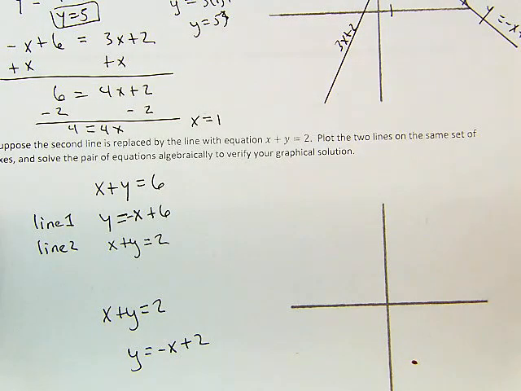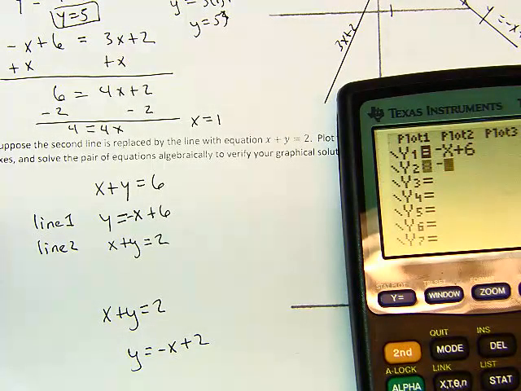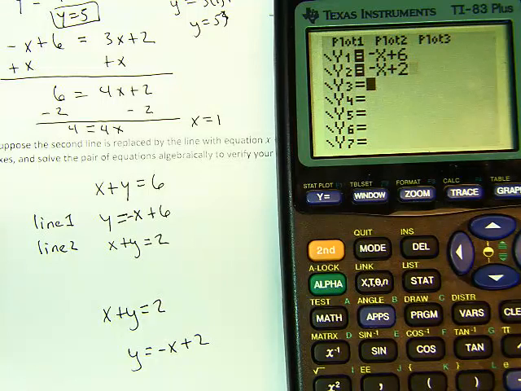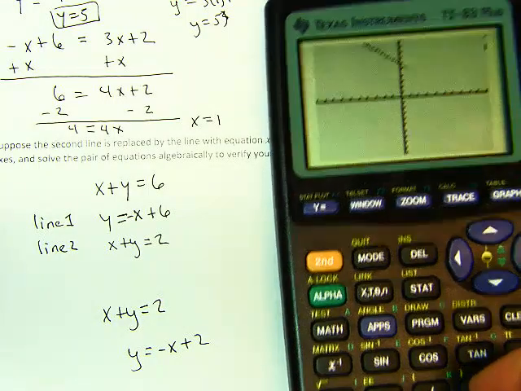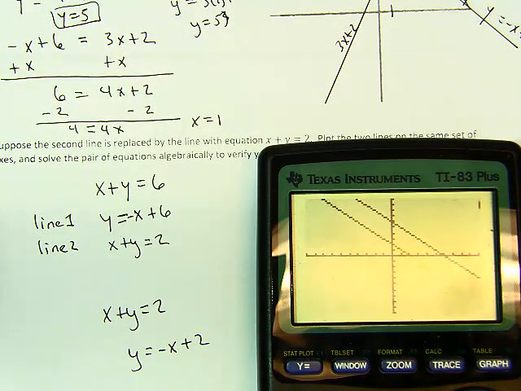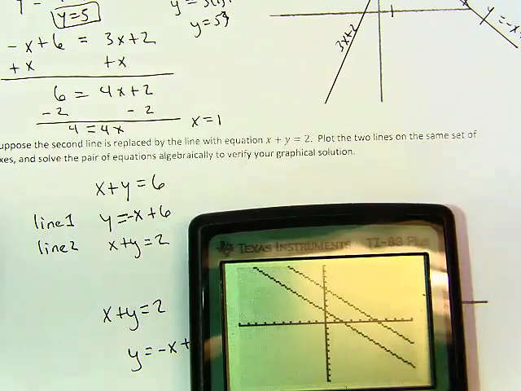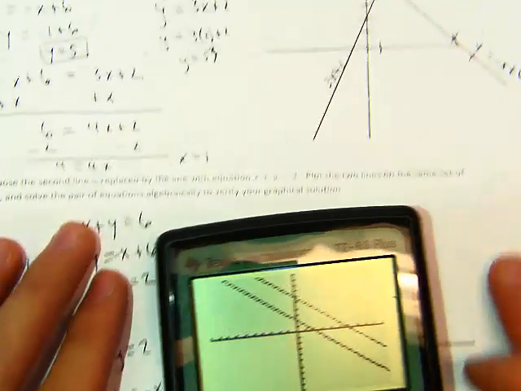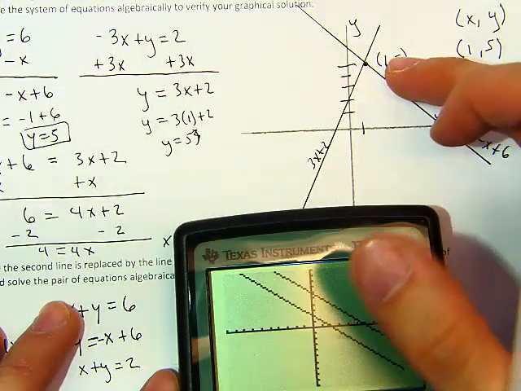Okay? And let's see what this looks like. It's negative x plus 2. And if we graph it, notice we have two lines, and they look like this. And what's different about them, they don't intersect each other like they do here.